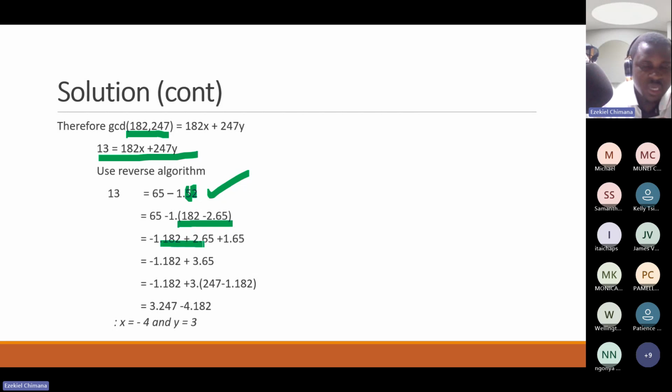This is what you are going to get. And then you already have this 65, so this one will be plus 1 times 65. So it's as good as adding 2x plus x. If you're adding 2x plus x, you are going to get 3x.